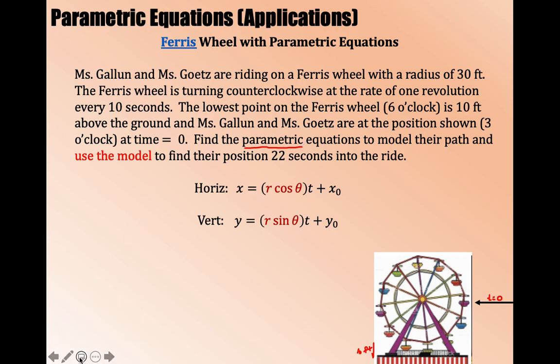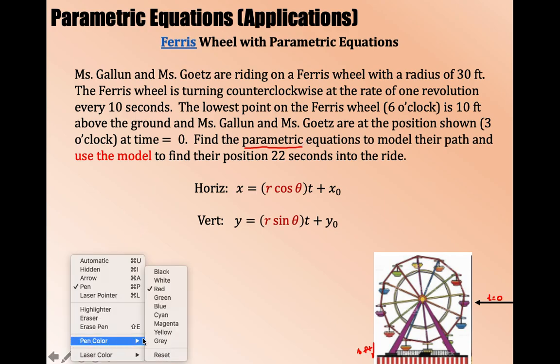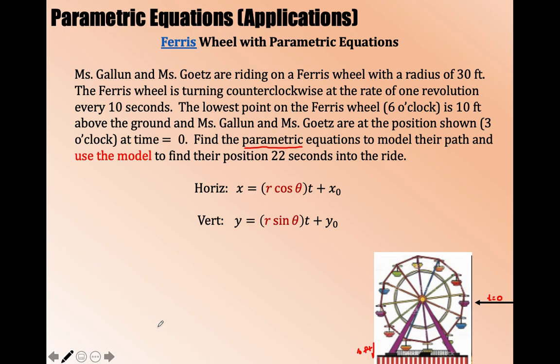If we think about this circle with a center here and a radius of 30 feet, and it goes clockwise, so if we travel up here, this is still 30 here, isn't it?